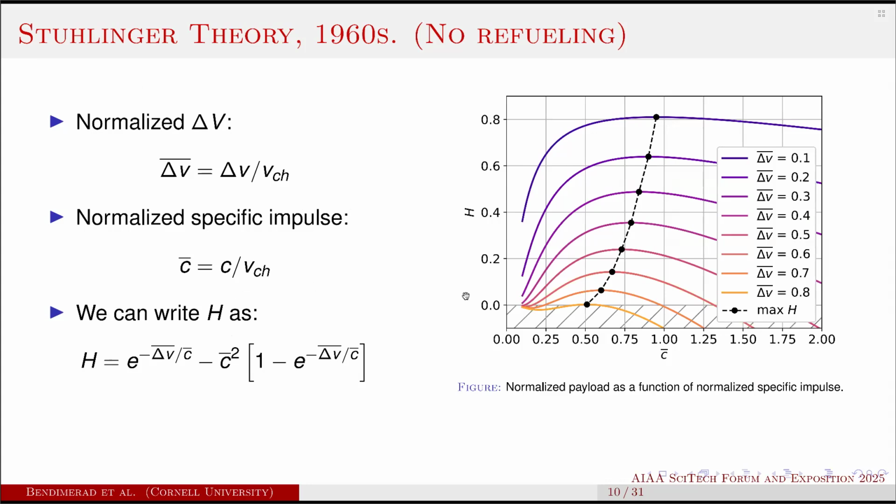So then we can plot the quantity h as a function of the specific impulse c bar for different values of delta V bar between 0.1 and 0.8. And we see that for a value of 0.8, the normalized payload mass is negative, which means that the mission is not feasible.